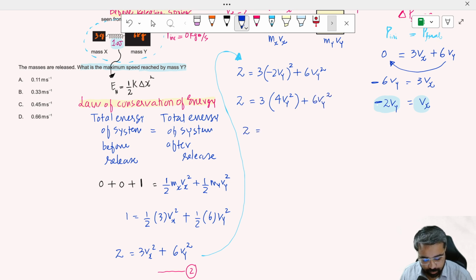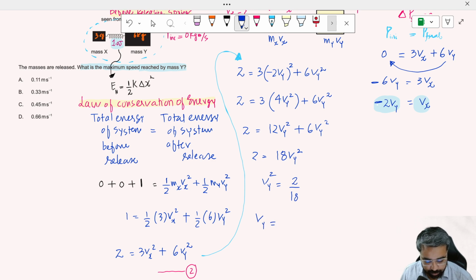So 2 is equal to 12vy square plus 6vy square, so 2 is equal to 18vy square. We want to find vy, so that is 2 over 18, and then you can take the square root. When you take the square root of 1 over 9, you get plus or minus 1 over 3 meter per second.